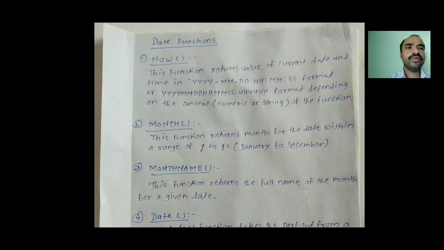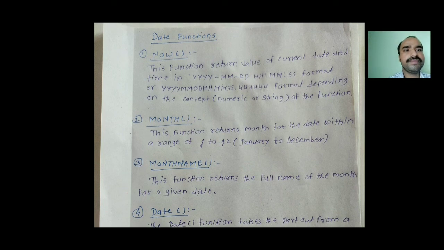So I hope you know about NOW. This function returns the value of current date and time in 2 formats. The first one is a string format and the second one is a number format. In case of string, after year there is a dash, then month, then dash, then day, then space, then the current time, then colon, then minutes, and then seconds.